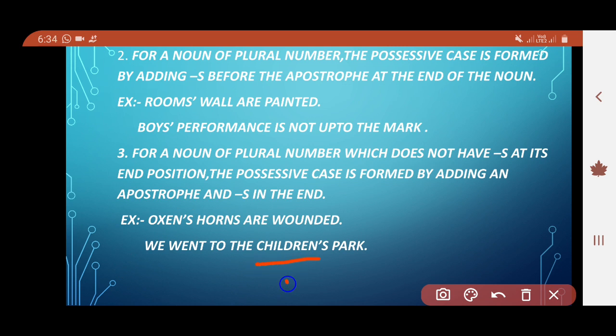Children itself is in plural form. Yes or no? We don't need s. But in order to form a possessive case, we are putting an apostrophe mark and then this s at the end of the noun, which is in plural form. So we went to the children's park. Okay, students, clear with this third rule?